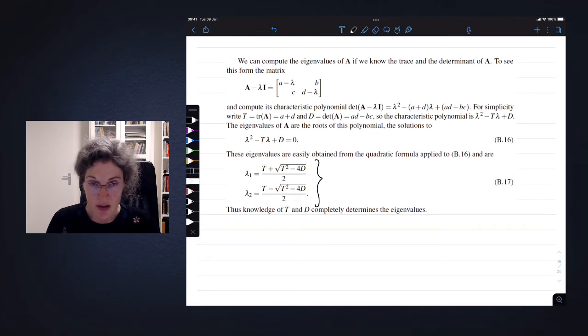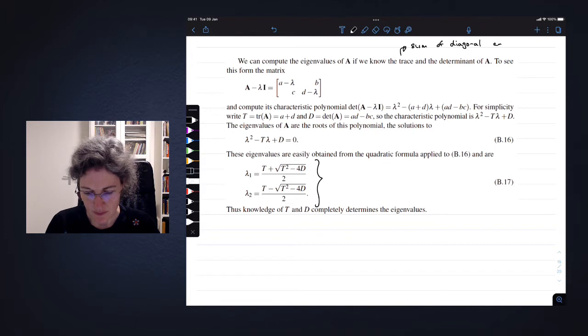So it turns out that we do have quicker ways of finding the eigenvalues of a 2 by 2 matrix if we know the trace and the determinant. Now the trace is just the sum of the diagonal entries. And the determinant, we've seen the formula for that. That's the formula for a 2 by 2 matrix.